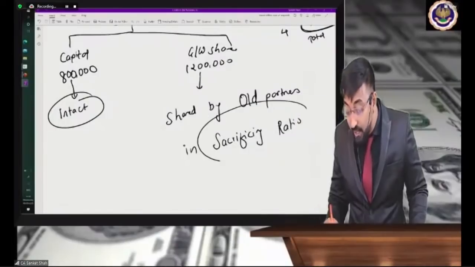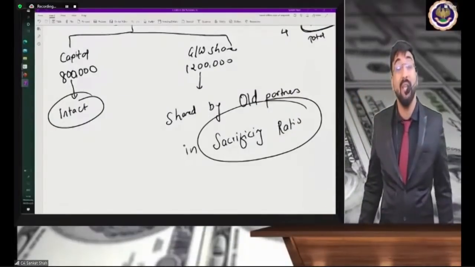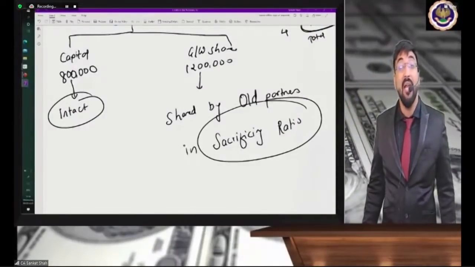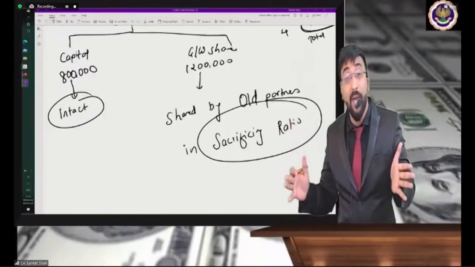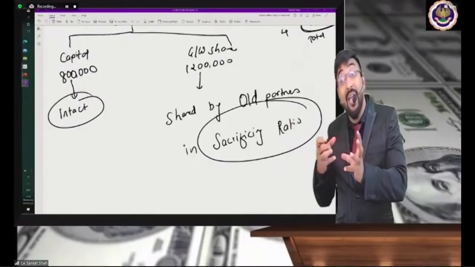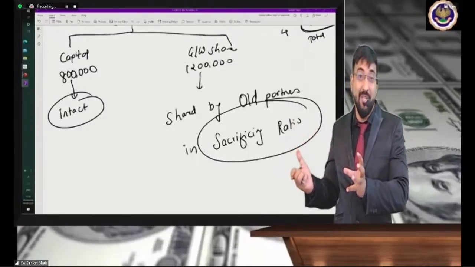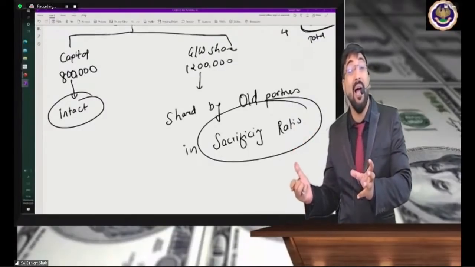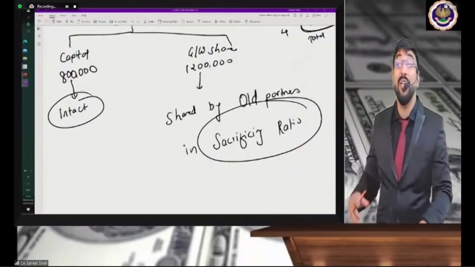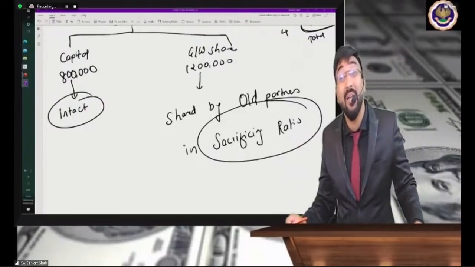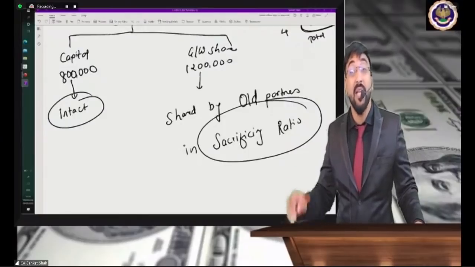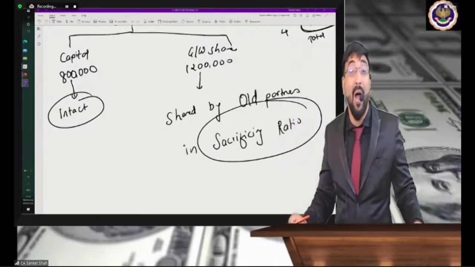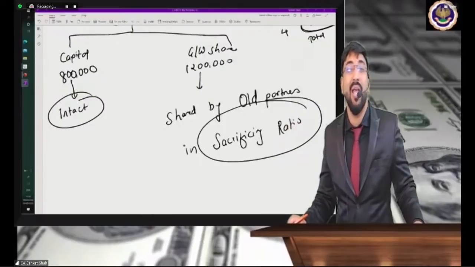Now what is sacrificing? Mr. Pushkaraj Bedekar and Sanket sir are going to receive the same profit, but they are sacrificing their ratio for Sarvesh. When the new partner came, we had to sacrifice for Sarvesh, and because of this sacrifice Sarvesh will give us some amount, and that amount is called the goodwill amount.